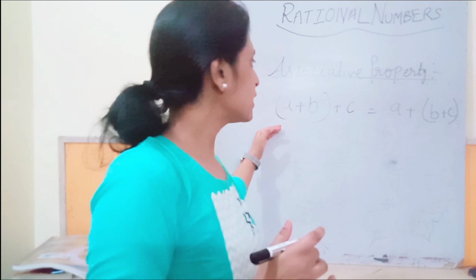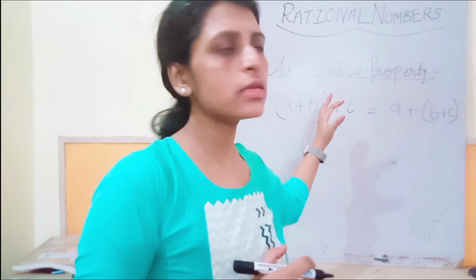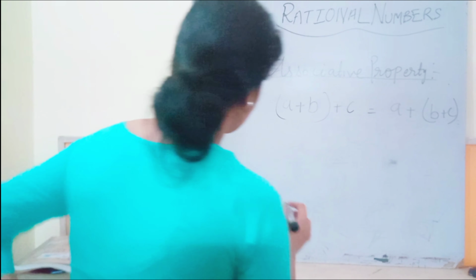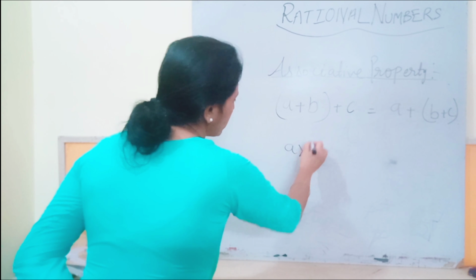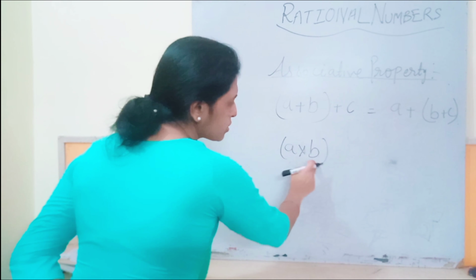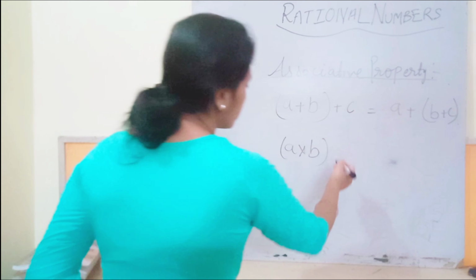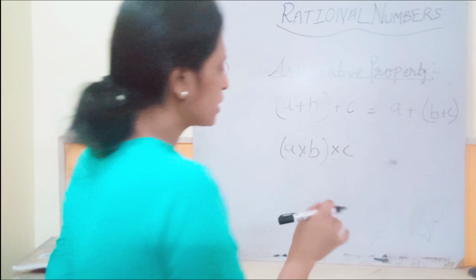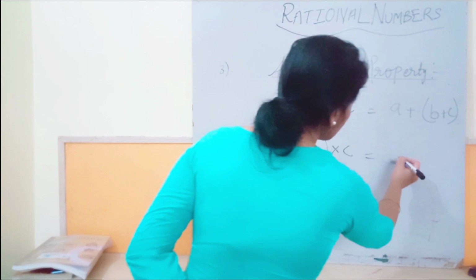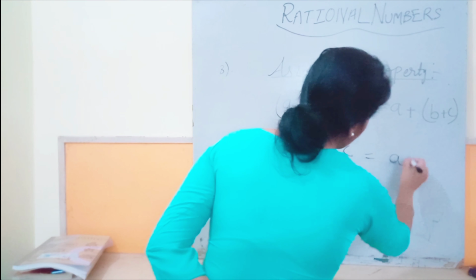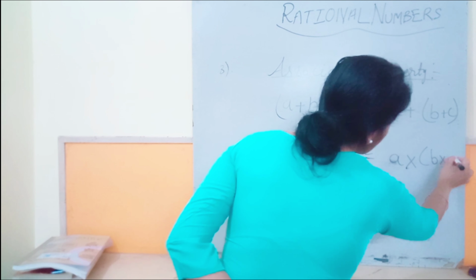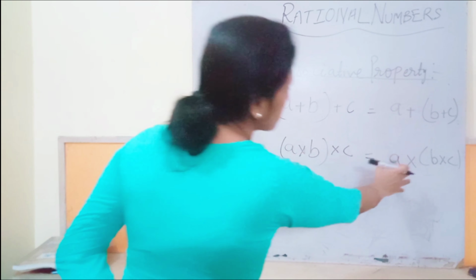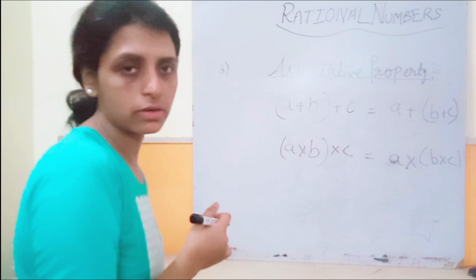Similarly, the rational numbers hold this property for the operation of multiplication also. It means when we multiply the first two rational numbers and then multiply the third rational number with the result, it is equal to the result obtained when we multiply the second and third rational numbers first, and then multiply the result with the first rational number.